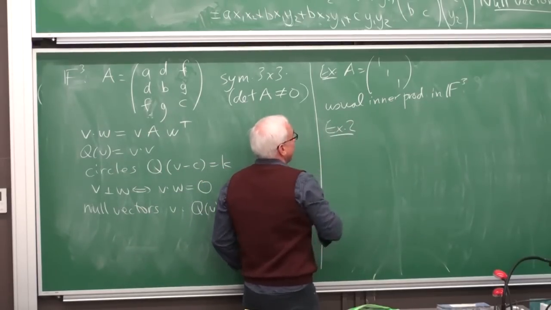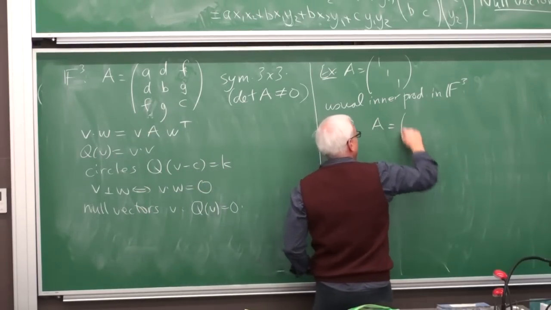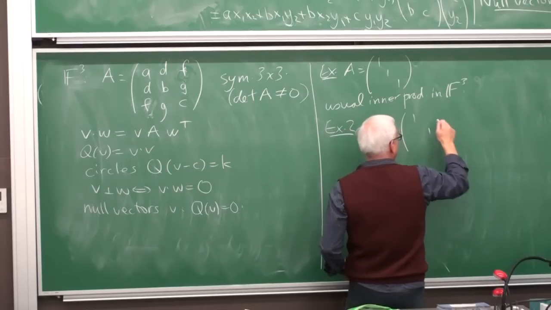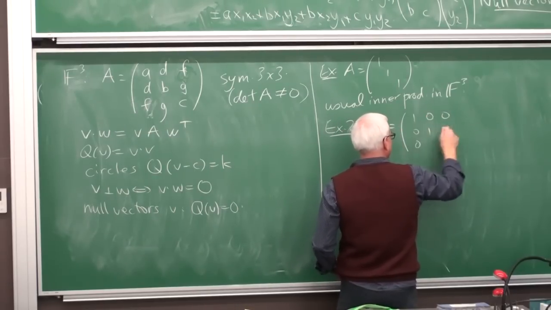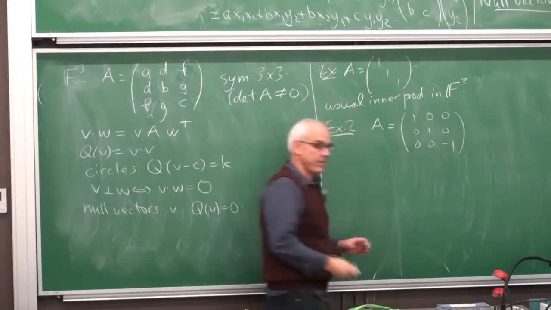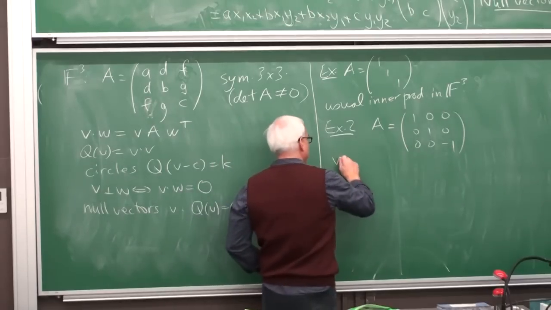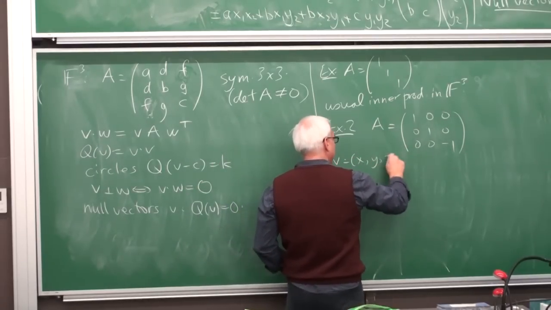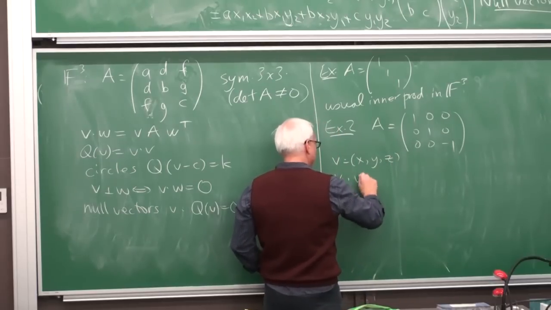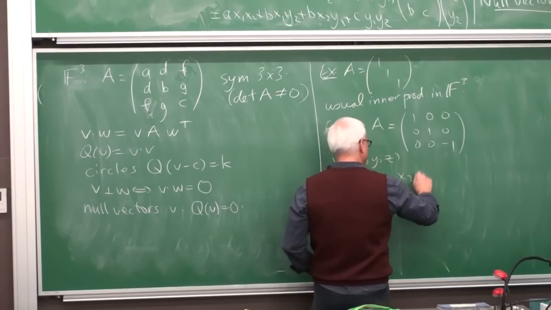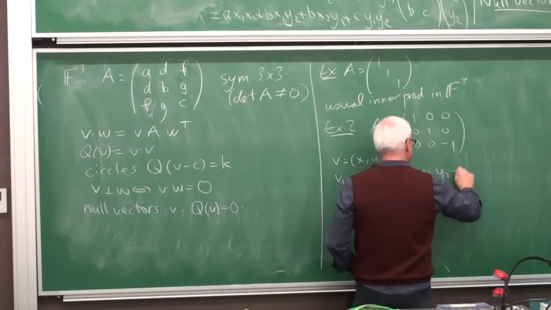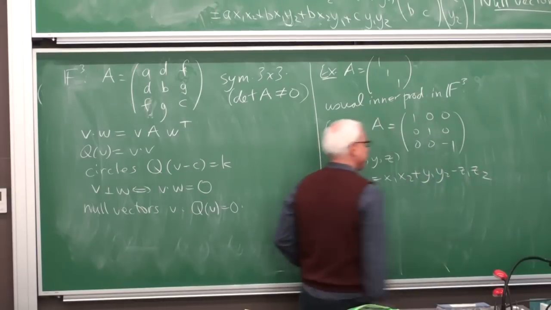And let's talk about this other one, this more relativistic one, where we have 1, 1, and minus 1, and 0 elsewhere. So now if V is x, y, and z, then V1 dot V2 is x1 x2 plus y1 y2 minus z1 z2.